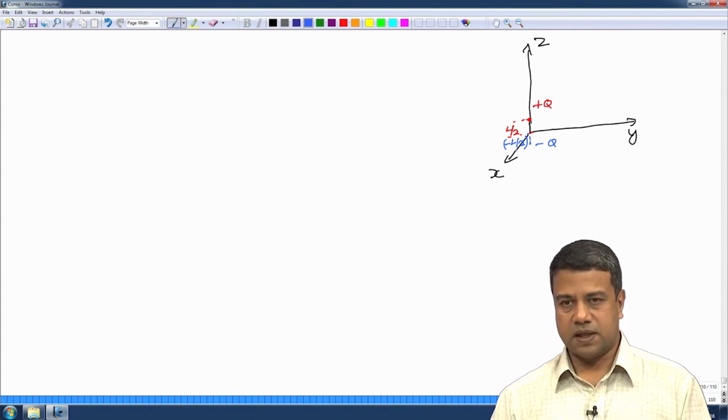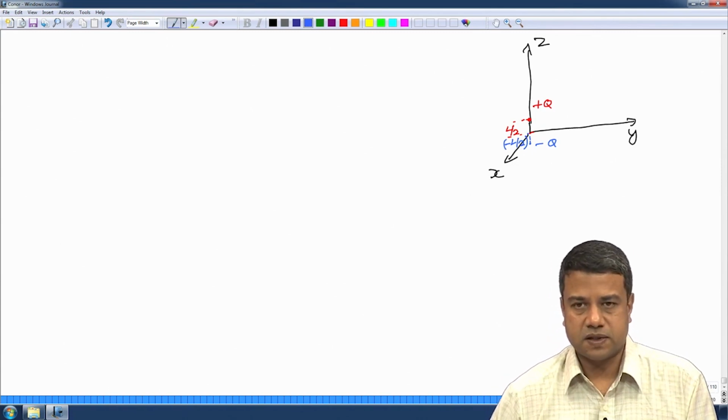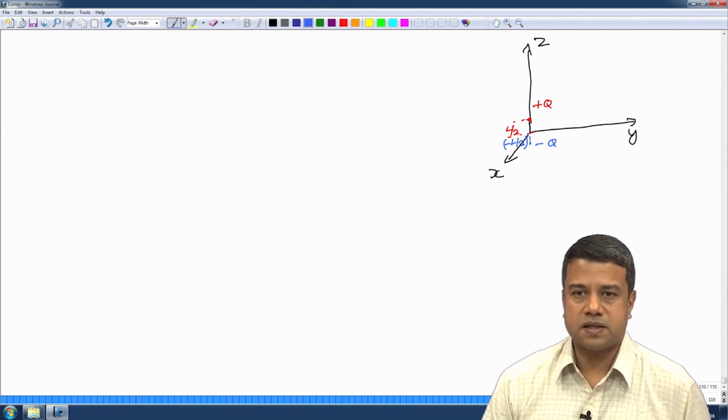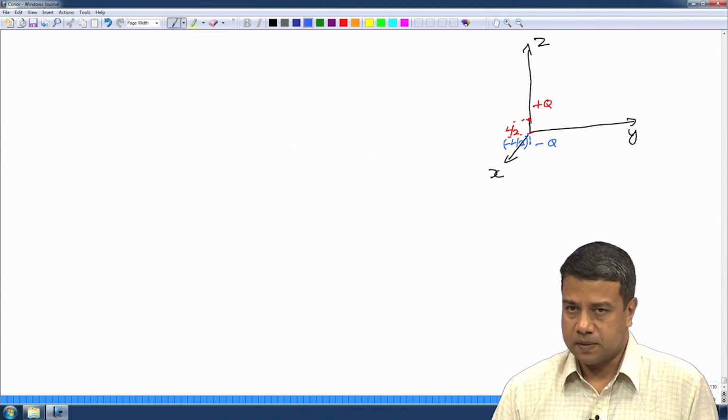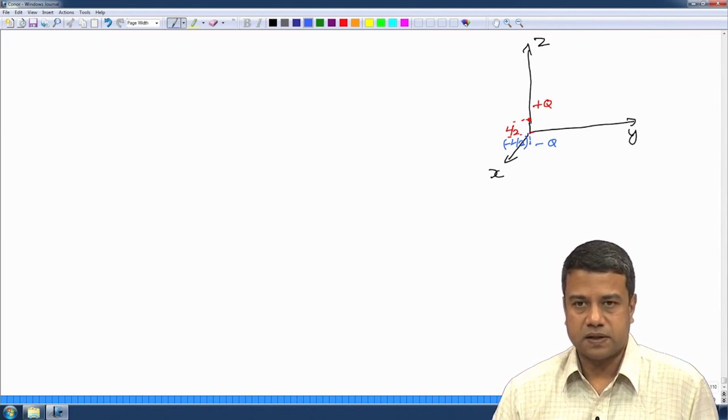So, we have a combination of a source and a sink which are separated by a distance L along the z direction. What is the result for the temperature field that I would get for this configuration?